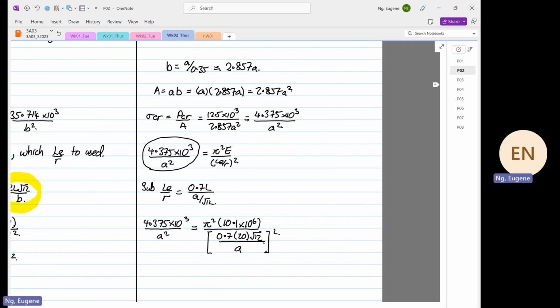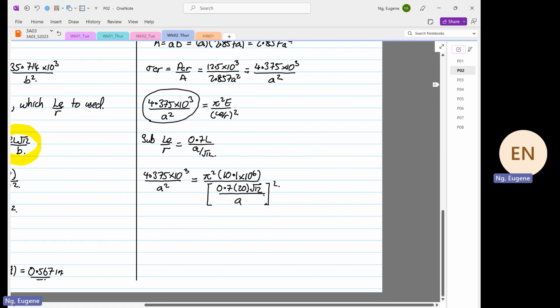If I tidy things up, this will be 4.375 times 10 to the power 3 over A squared, equal to pi squared times 10.1 times 10 to the power 6 divided by 0.7 times 20 times square root 12, squared.